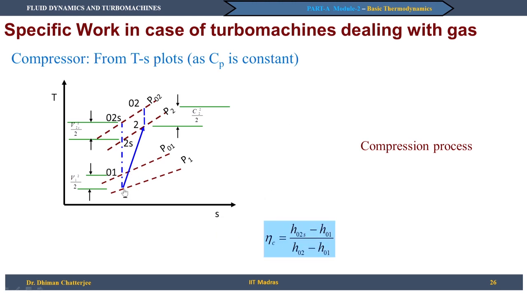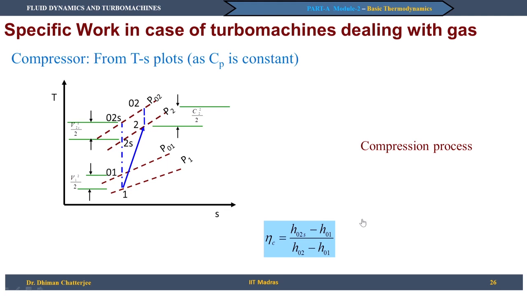You see, in case of a compression, it starts at a lower pressure, lower temperature, and goes to a higher pressure, higher temperature, because the gas is compressed, and 1 is the state in which the fluid enters the compressor, 2 is the state in which the fluid leaves the compressor, 01 and 02s are stagnation states in case of the inlet, and 02s for the idealized case with constant entropy or isentropic compression, idealized world, and real is 02.